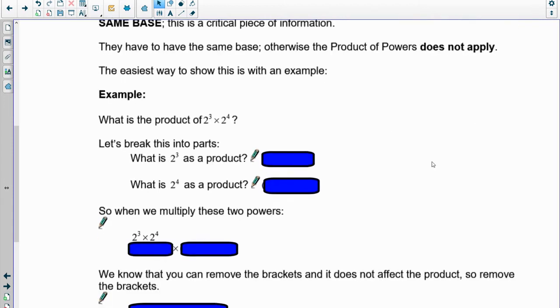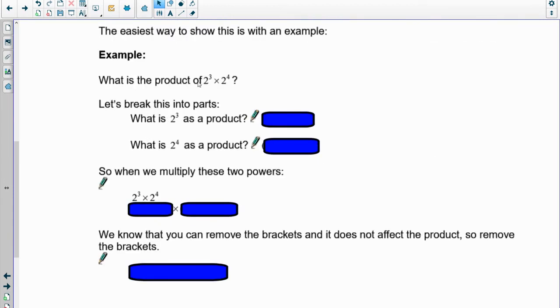So let's just do an example here. What is the product of 2 to the 3 times 2 to the 4? Well, 2 to the 3 is 2 times 2 times 2. So that means we would get a product of 2 times 2, which is 4, times 2 is 8. Now what is 2 to the 4? The product is 2 times 2 times 2 times 2, the base multiplied by itself 4 times.